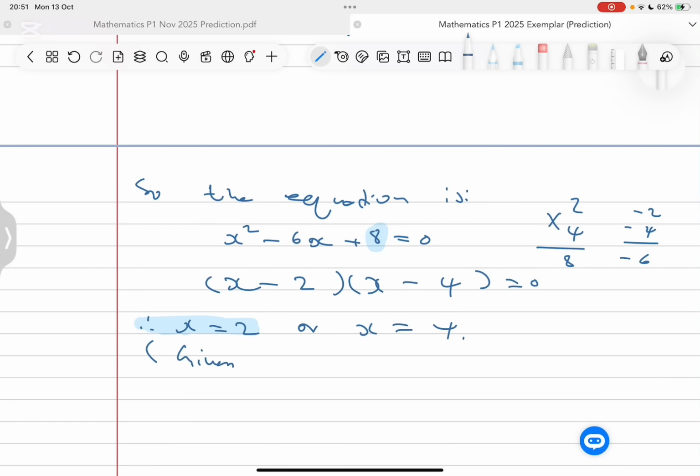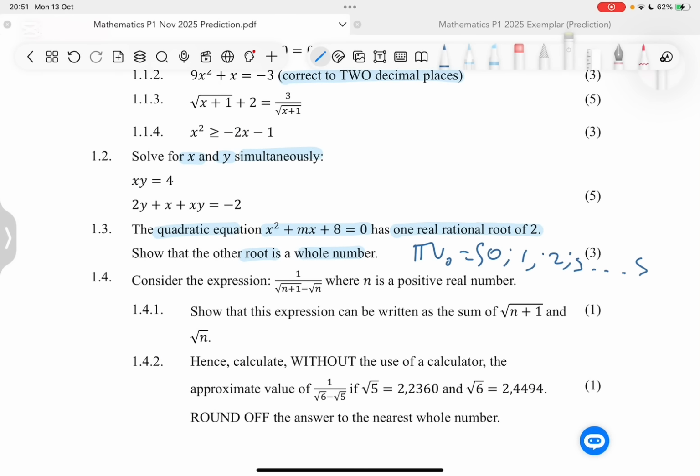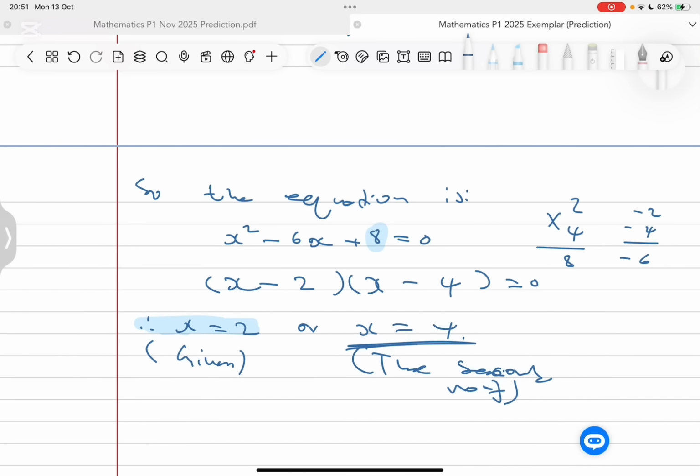So this was given, and this is the other root, or the second root. But now remember, the question was saying that we have to prove that this root is actually a whole number. When you look at this number, it is in the list of the whole numbers. So indeed 4 would be a whole number, and that's what we're required to show.